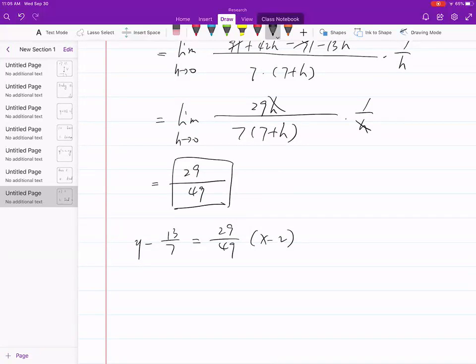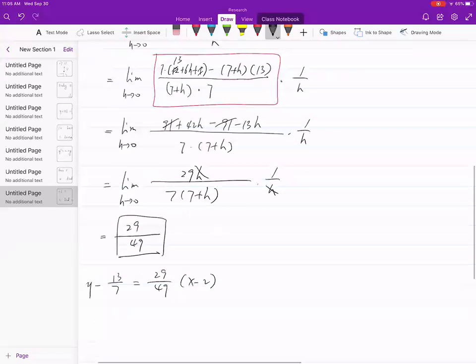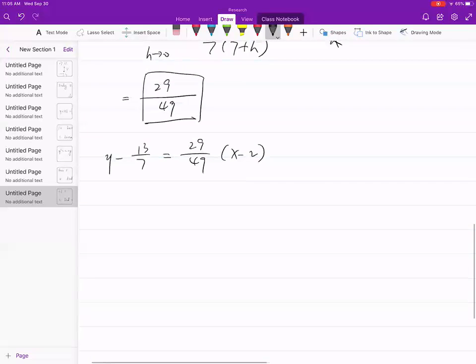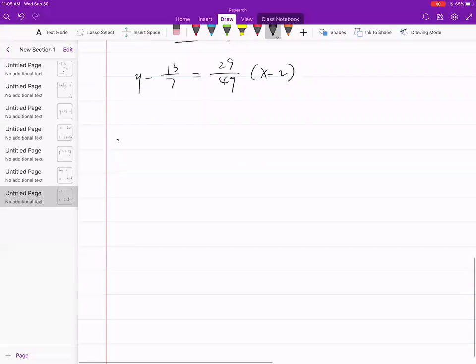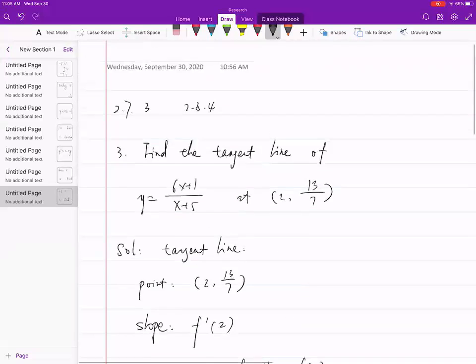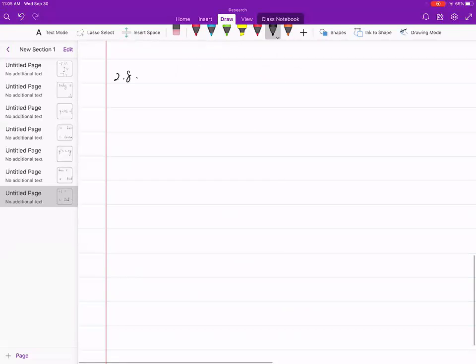Aaron, are we good? Awesome. Okay, so that's number 3. Now 2.8, number 4. Find the formula of the derivative of this using the difference quotient.